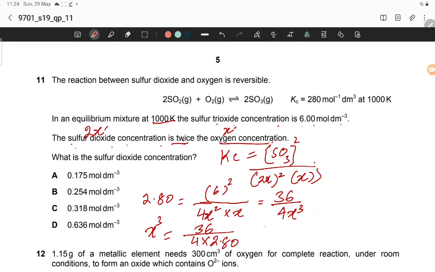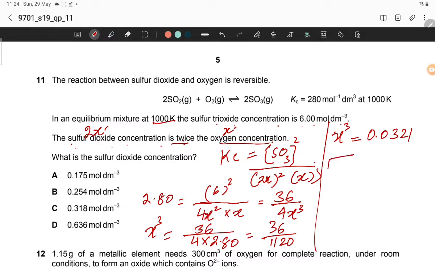So this is equal to 36 over 11.2, which will be equal to x cube equals 0.0321.